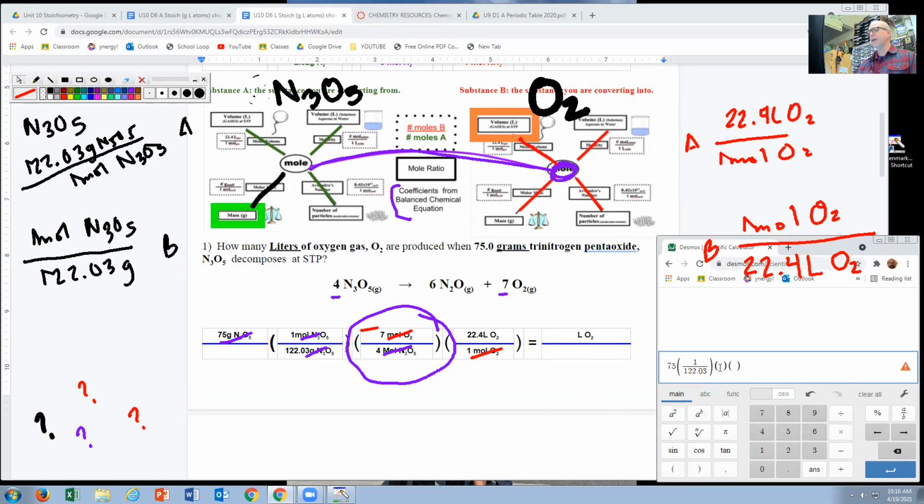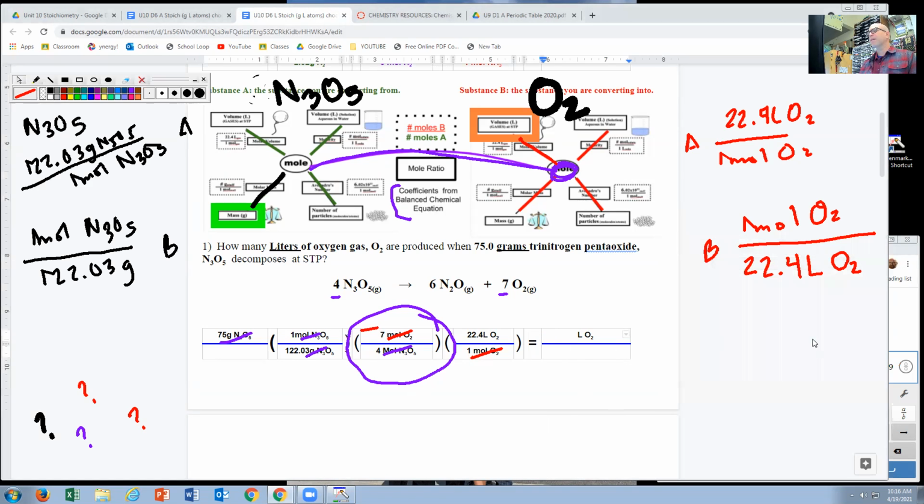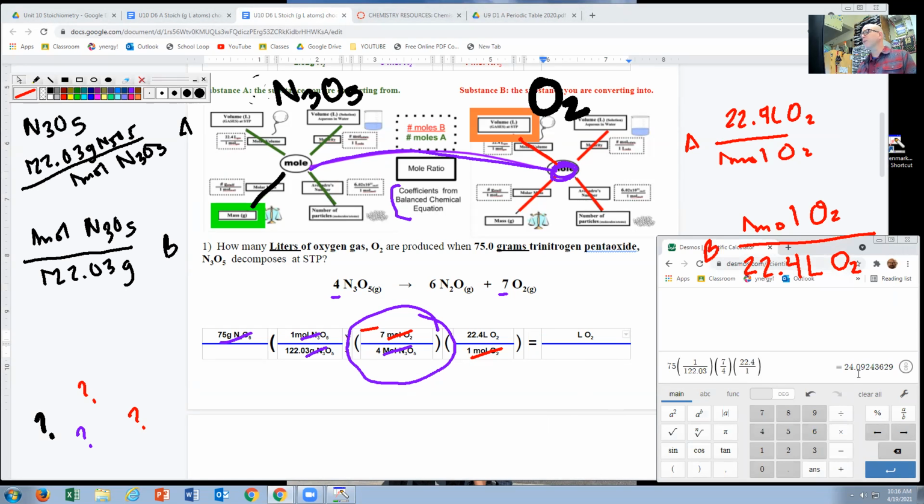This middle conversion factor is going to be 7 over 4. And in this third conversion factor, it's going to be 22.4 over 1. Now, I know some of you are still struggling on using the calculator and understanding how to put parentheses in, but the more you work on that, the better it's going to be. So our answer is going to be 24.09.